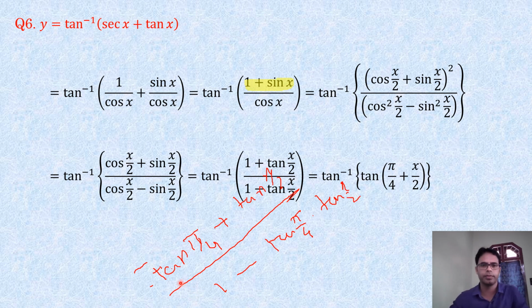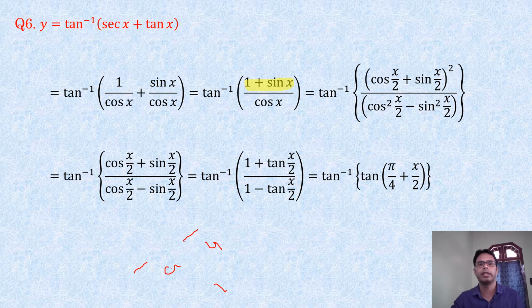This inside part is tan a plus tan b divided by 1 minus tan a into tan b, so it is simply the tan of a plus b formula. So I wrote tan pi by 4 plus tan x by 2, and now you can remove the tan inverse and tan.